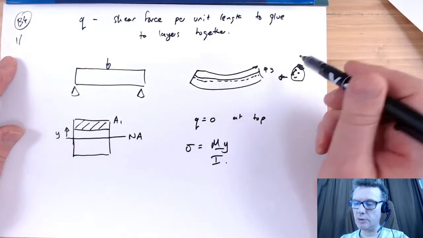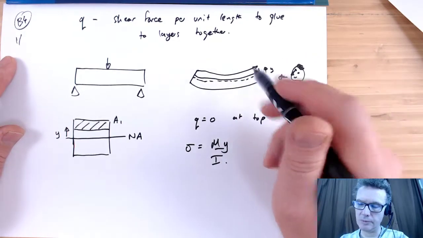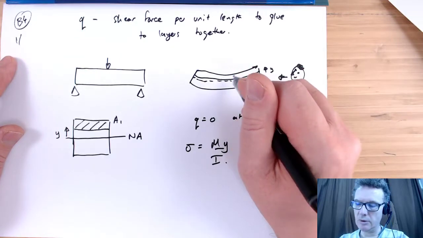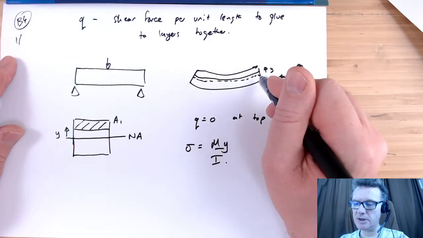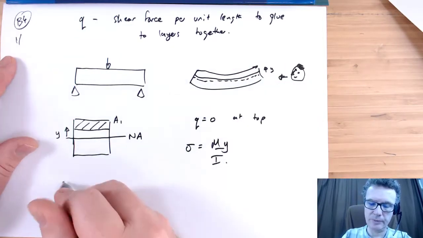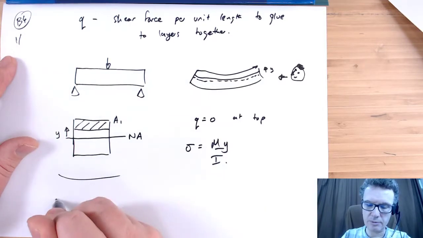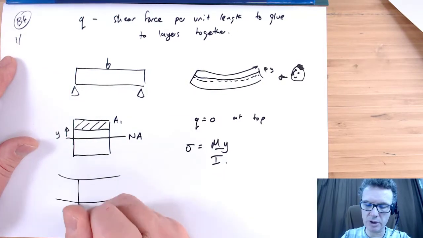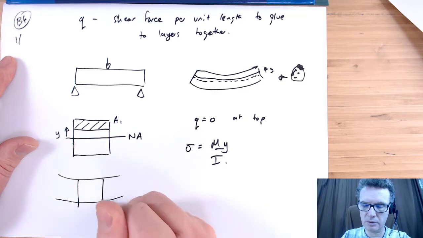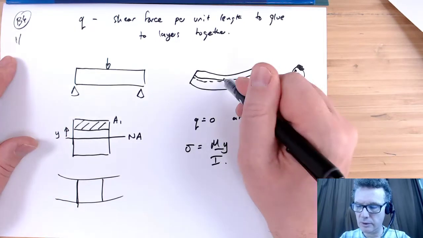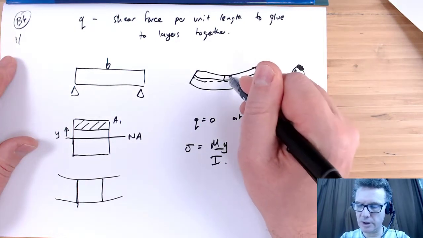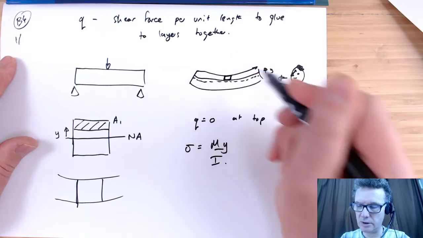So we'll go sideways on for the moment. Imagine it's just deflected a tiny little bit. So it's pretty square. We've zoomed in quite a lot. So we're going to examine this little section here.